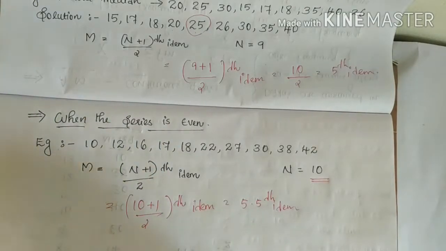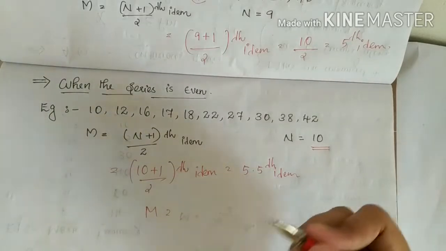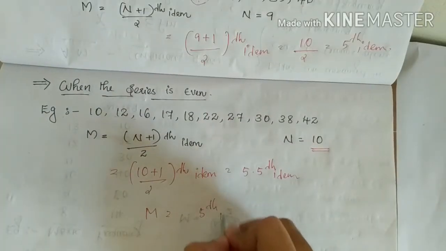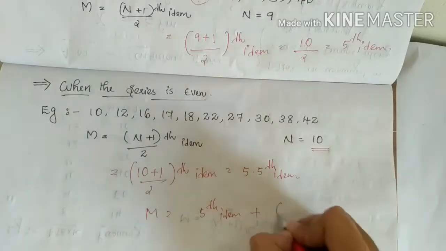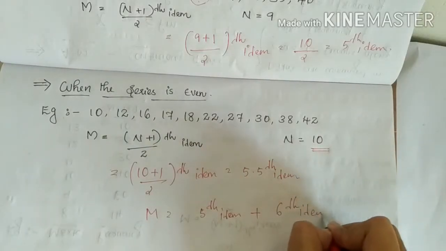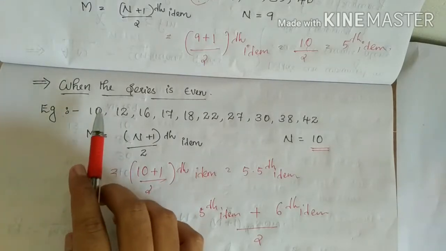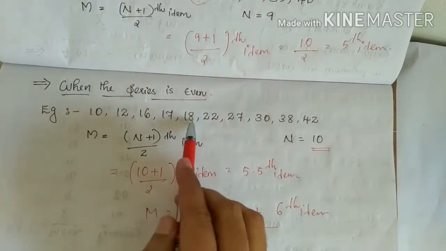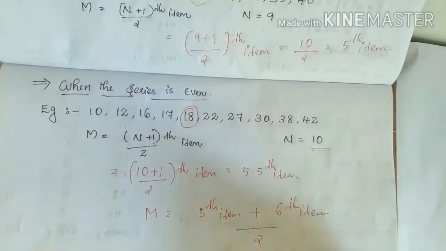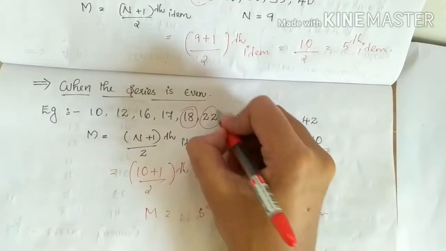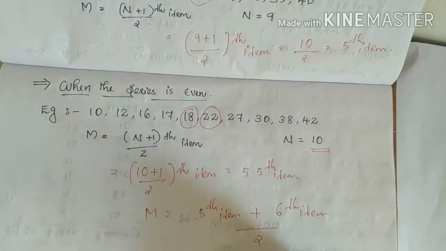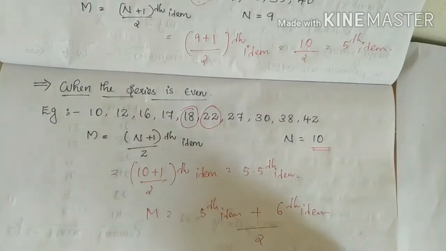In that case we have to compute median as: median is equal to (5th item plus 6th item) divided by 2. Here in this arranged series, 5th item is 1, 2, 3, 4, 5, 18 and 6th item is 22. 18 plus 22 divided by 2, that is 40 divided by 2, that is 20.